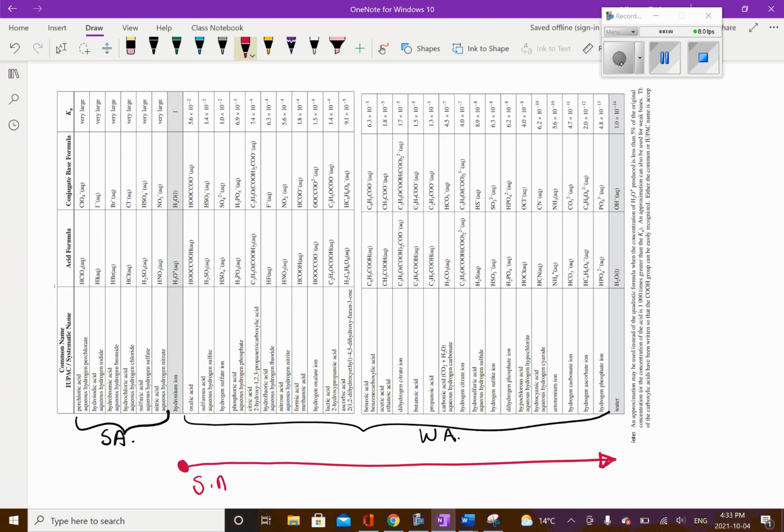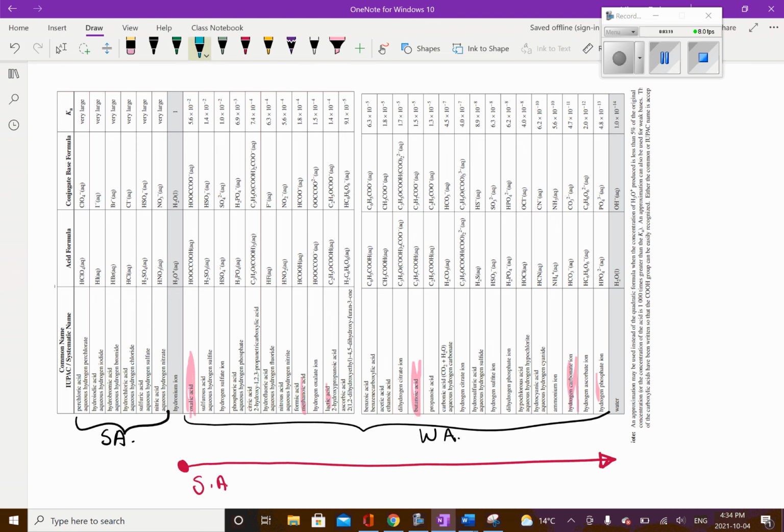So this is strong acid. What we are saying here is that oxalic acid, which is right at the top, is stronger than butanoic acid or any acid that is below it.